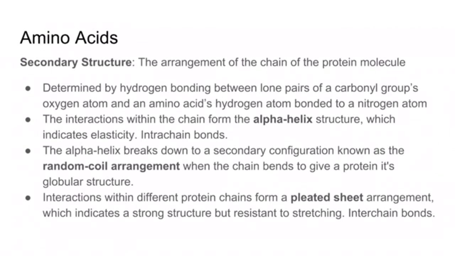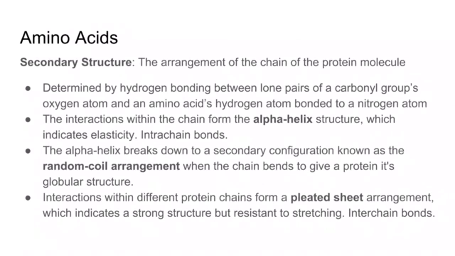Next, what we're going to be talking about is the secondary structure. The secondary structure is the arrangement of the chain of the protein molecule. The secondary structure is determined by the hydrogen bonding between the lone pairs of the carbonyl group's oxygen atom and the amino group's hydrogen atom, which is bonded to the nitrogen atom. These interactions form the alpha helix structure, which helps with elasticity.